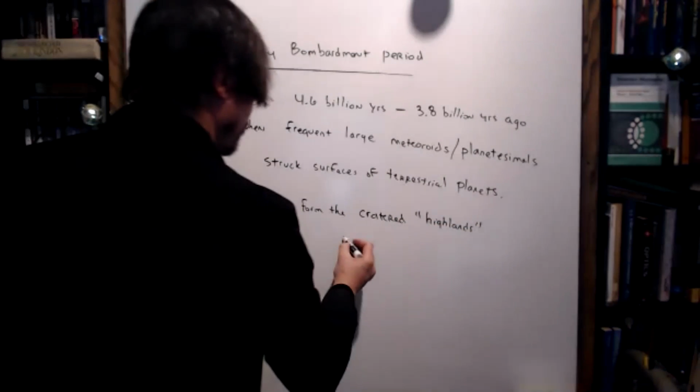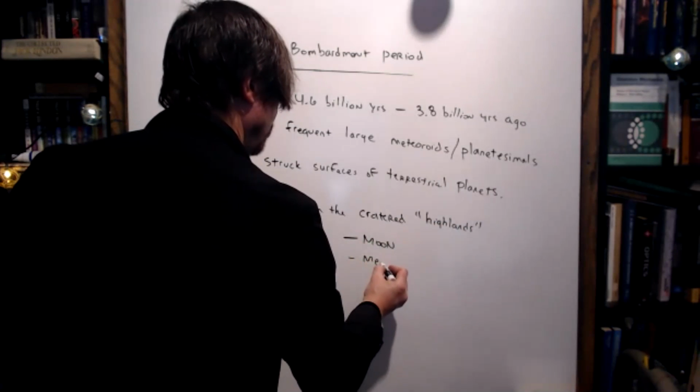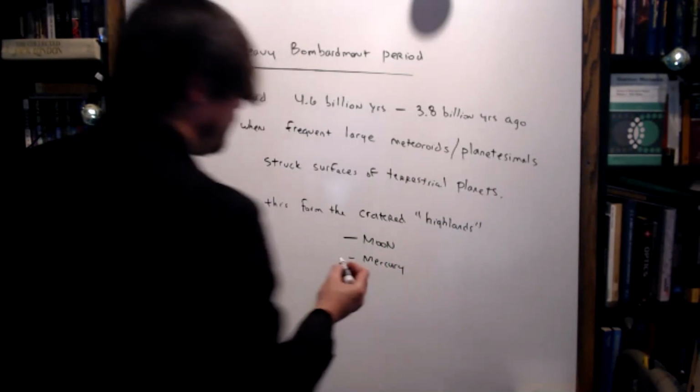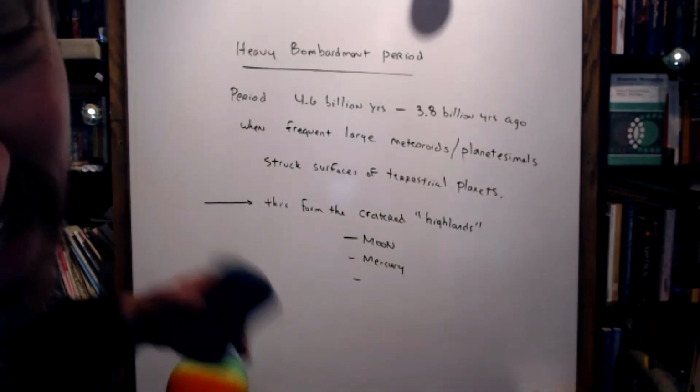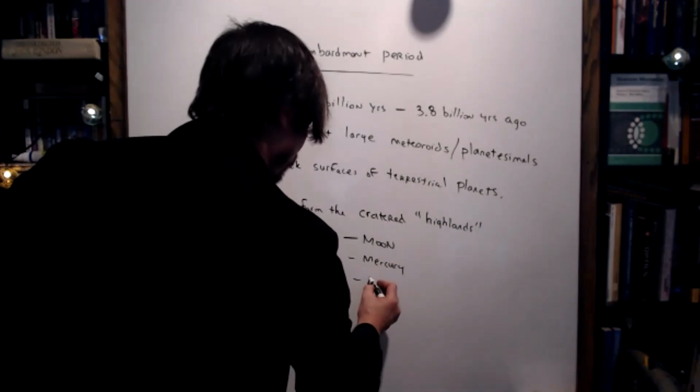And we see these cratered highlands on, obviously, the moon. We see them on Mercury. And as you'll discover in today's lab, we even see them on Mars. Mars shows a little bit of heavy bombardment as well.